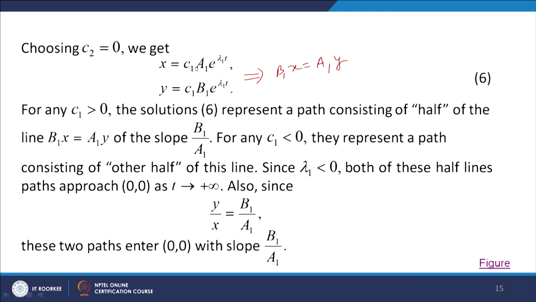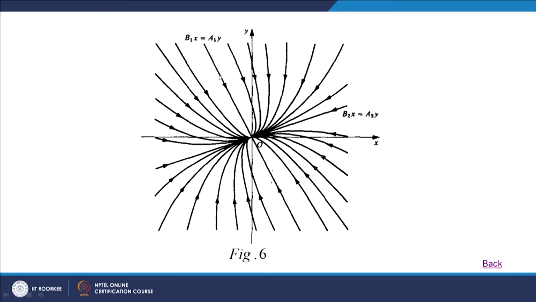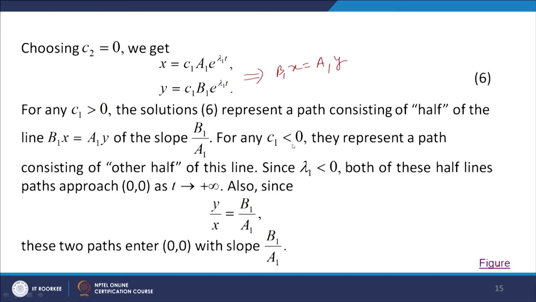So, if I take a1 to be negative and b1 to be positive, then we will have this half line. The other half line we will get here, which comes from when you take C1 to be negative.